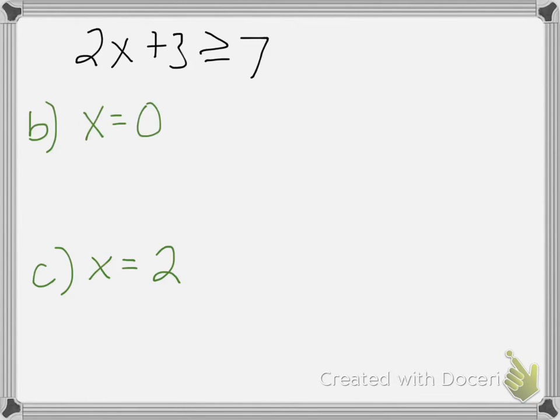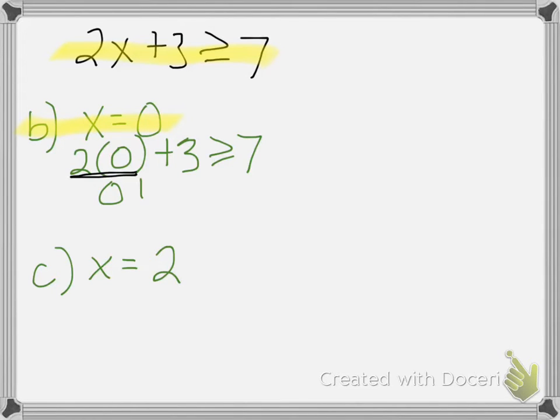Let's try another one. We've got the same inequality, 2x plus 3 greater than or equal to 7, but this time we're going to let x equal 0. So we say 2 times 0 plus 3, is that greater than or equal to 7? What's 2 times 0? It is 0 plus 3.